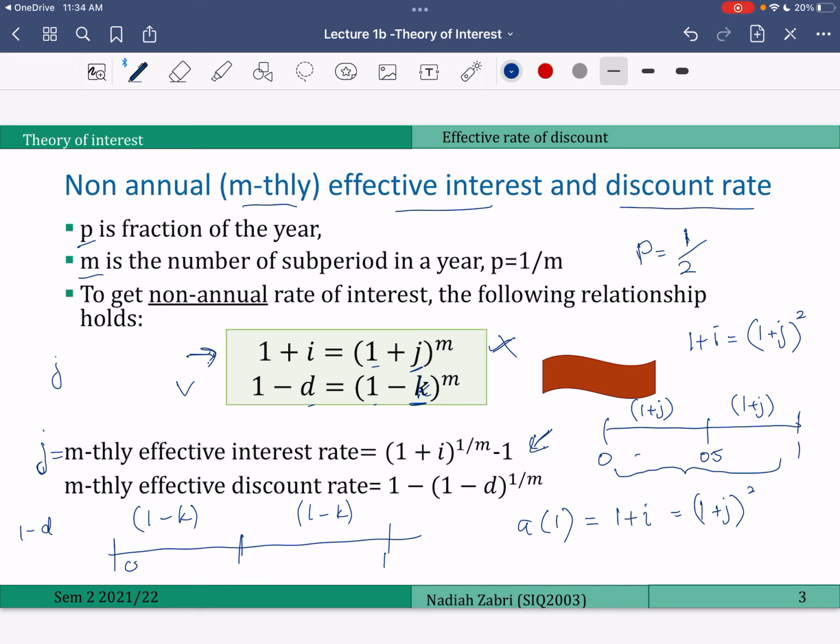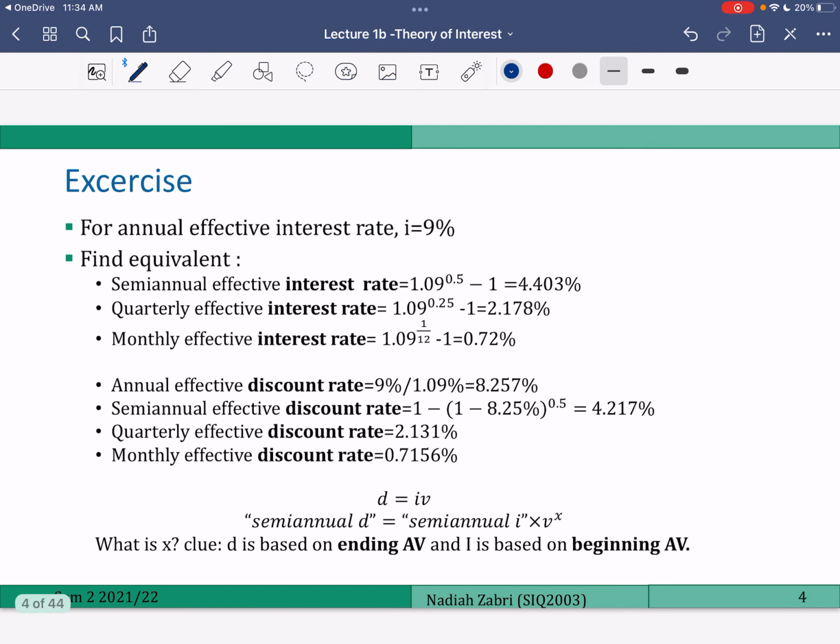Alright. So moving on to the next section. Oh, this is an exercise. Okay, let's say we are given I. So how can we find the equivalent semi-annual effective interest rate, which is J semi-annual? How do you find it?